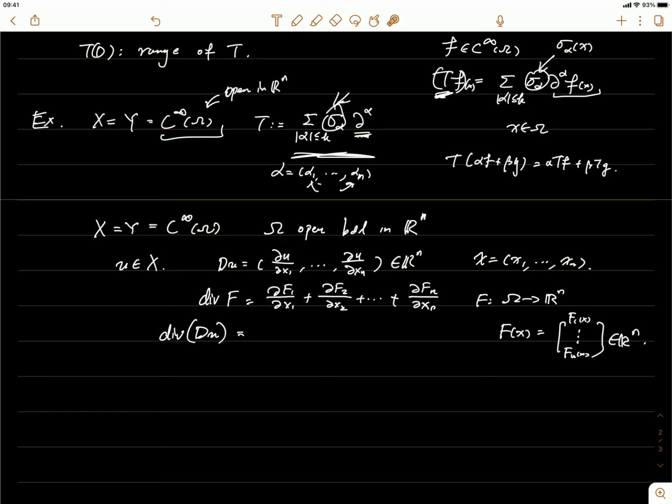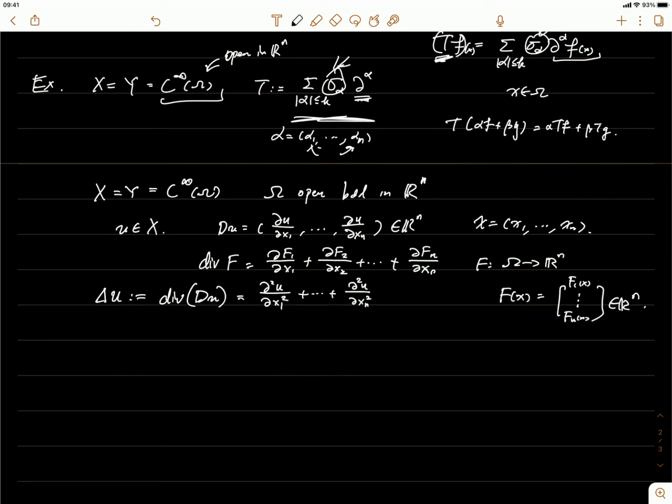So you just take the partial derivative with respect to x1 twice for u. So you have d squared u over dx1 squared. Okay, so you take the partial derivative with respect to x1 twice. And similar for the others. So all the way you have that. Okay, so that's called the Laplacian of u at the point x.